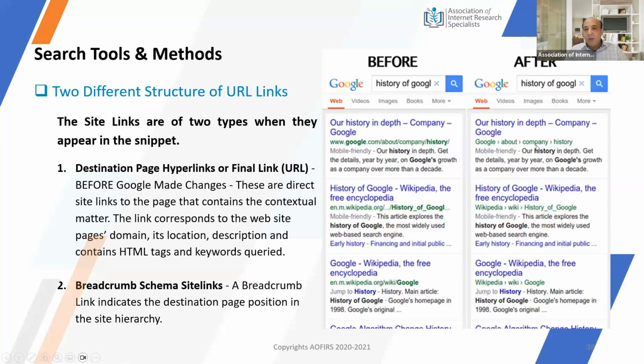And when you do an inurl query, it is not only going to look at these words, but the words inside of the original URL, which is the real URL. Okay. So just keep that in mind.